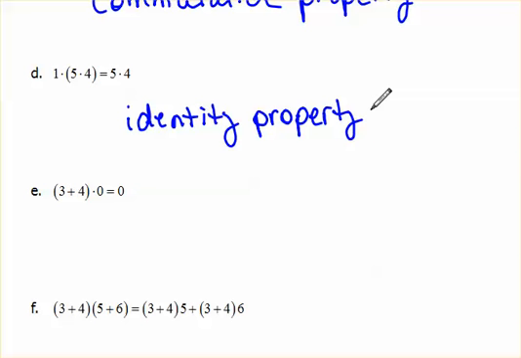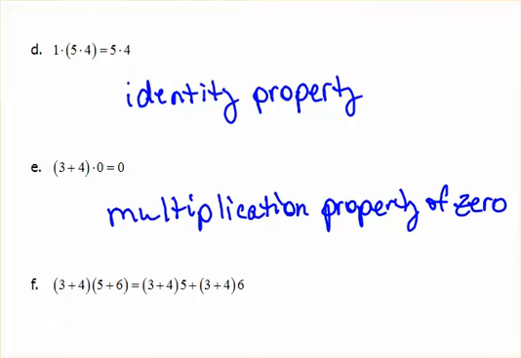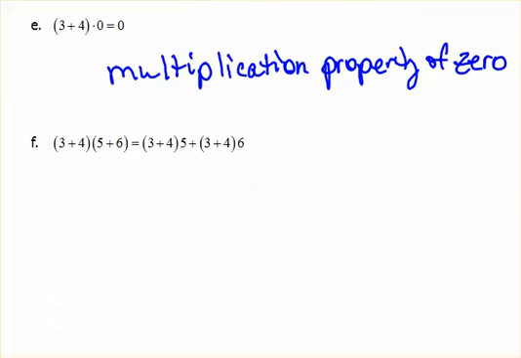Okay, part E says the quantity 3 plus 4 times 0 equals 0. So anything times 0 is 0, and that is called the multiplication property of 0. So very interesting. All right, then our last one here.